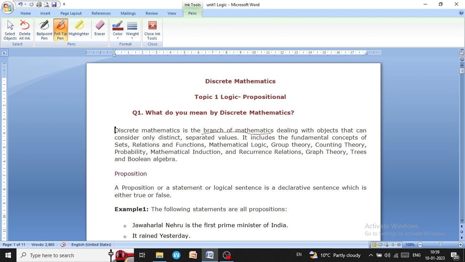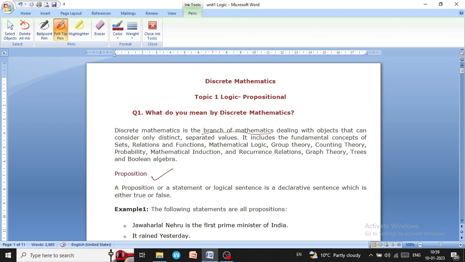That is known as a proposition. Again I will repeat: a proposition is a declarative sentence, and this sentence is either true or false.